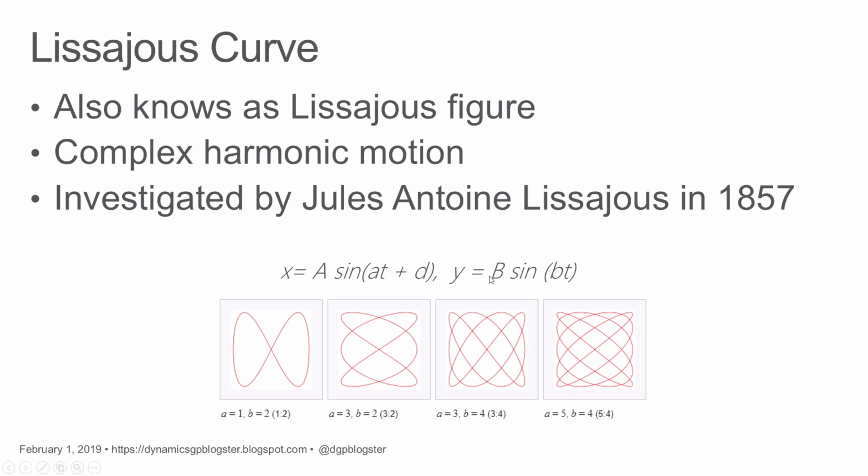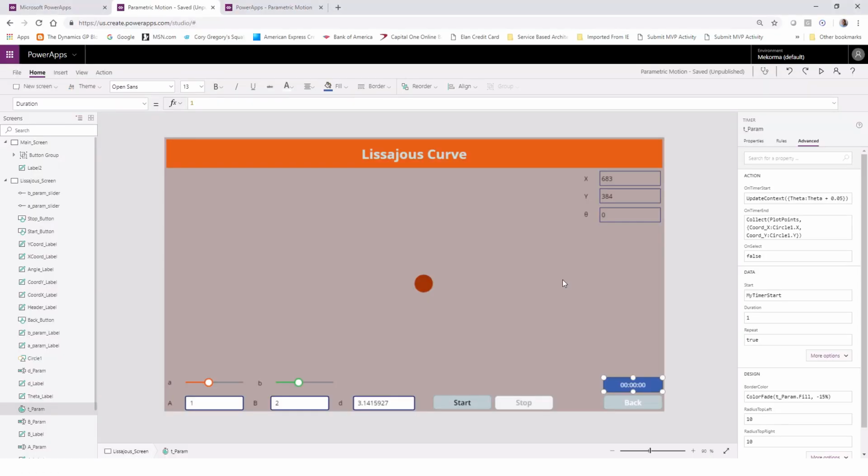Likewise, this will update my y coordinate on the screen based on the value of t. As you can see, it's pretty straightforward what we've done here. The most important thing is to play with this timer control to ensure that we are incrementing the value of that angle every time the timer is reset.